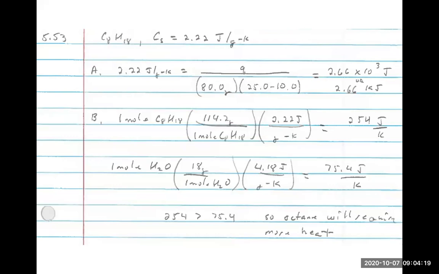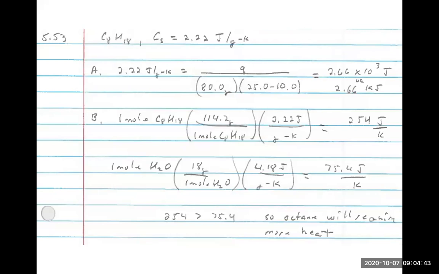So we think back to that formula that we used, where we have, in this case, the 2.22, which is what we were given, that specific heat value, equals Q over the mass times delta T. So the mass we were told was 80 grams.